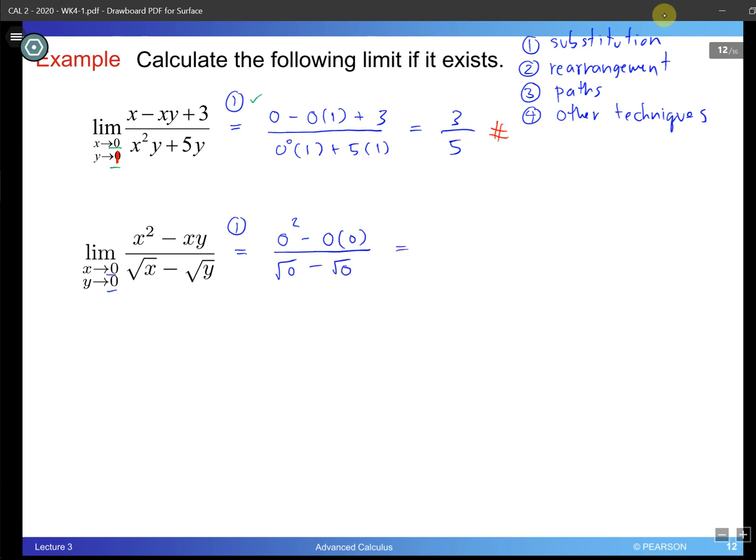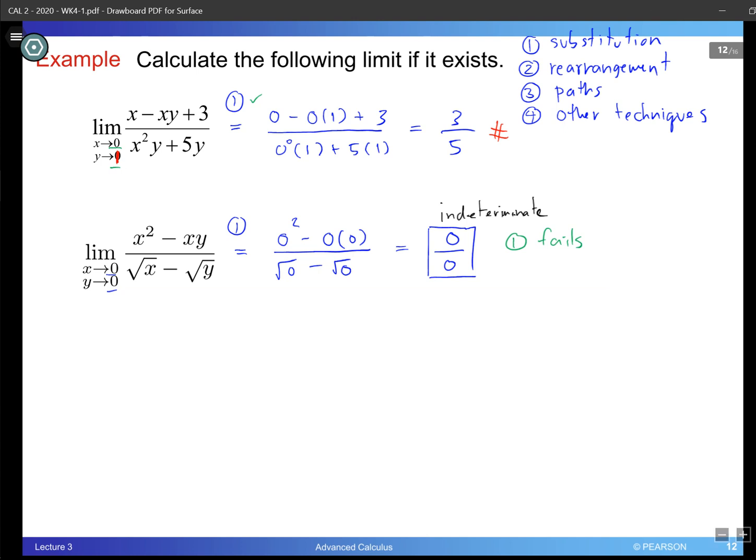In the end, I have 0 for the numerator and 0 for the denominator. And as you know, what we have right here is 0 divided by 0, and this is an indeterminate form, which means that we cannot tell anything about this value, no conclusion. It also means that we have to try something else. So what you see right here is that substitution fails. Number one fails. So I'm going to try number two, which is the rearrangement.